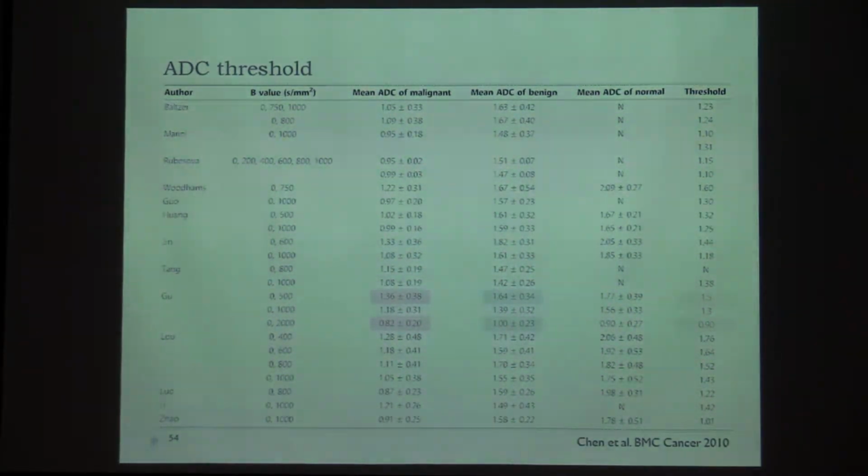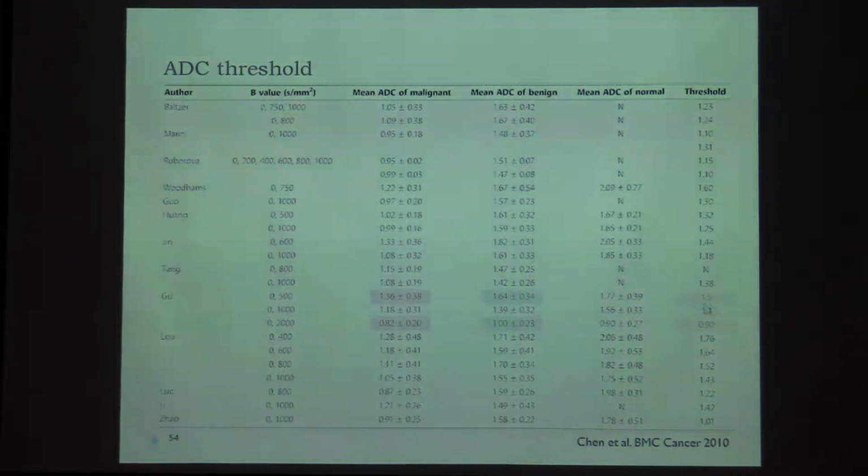This is why when I showed you this table at the beginning of this topic, we had a very huge discrepancy between ADC. As you can see, the authors used different b values in their studies. For example, Gu, here, used low b value 0, and the high b value was 500.